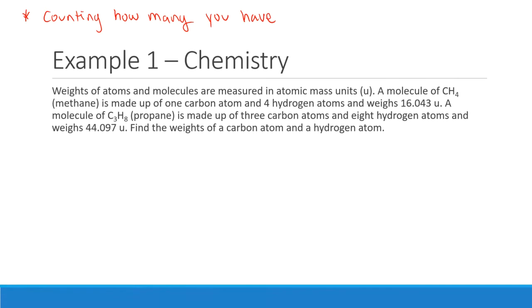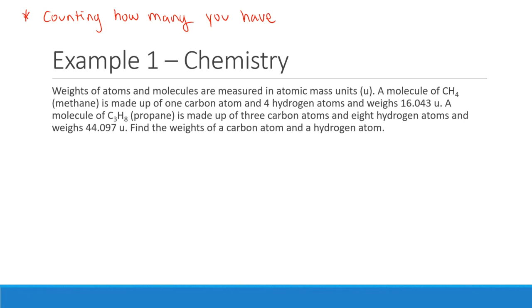So this is related to chemistry. Weights of atoms and molecules are measured in atomic mass units, which is abbreviated u. Now, way back when I took chemistry, it was amu. Apparently, they changed the symbol for this. I found that out when I was researching.